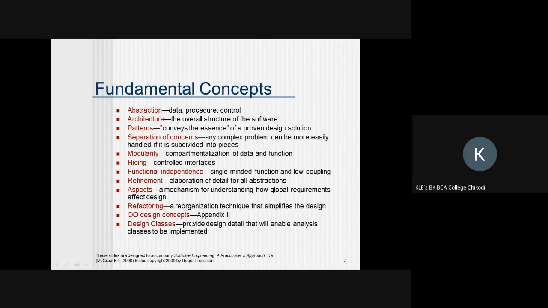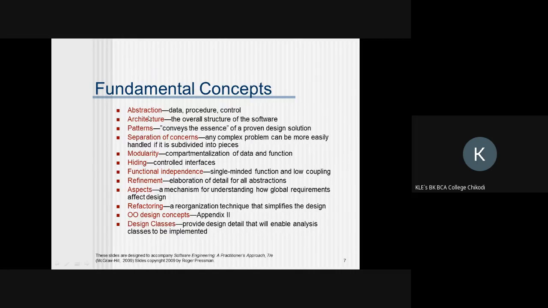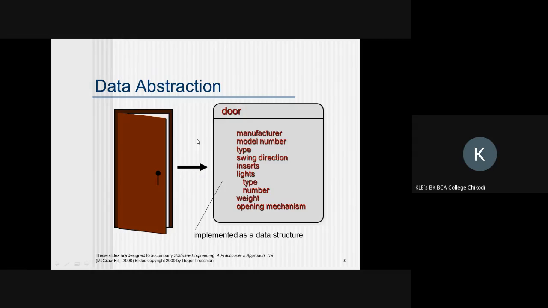Then object oriented design concepts, you all know about those, and we'll discuss them in the next subsequent class. Slides: design classes provide design detail that will enable analysis classes to be implemented. Here they have shown abstraction again.